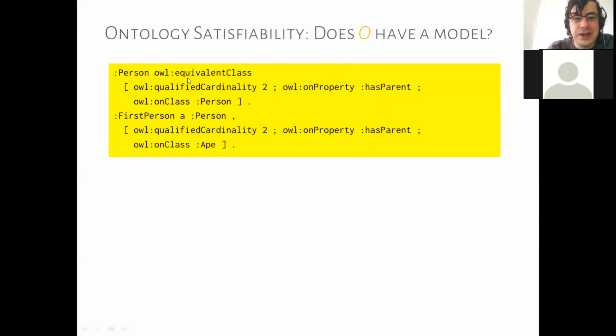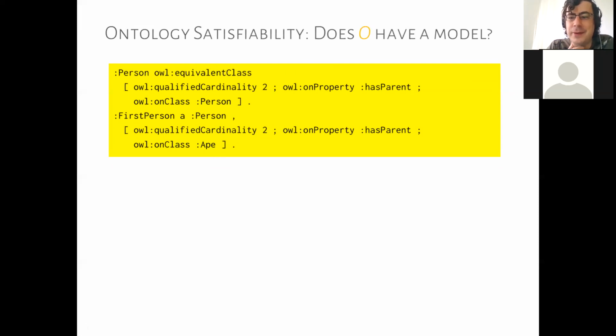So we have an ontology here which says that person is equivalent to having exactly two parents that are people. And first person is an instance of a person, and an instance of the class of having exactly 2 parents that are apes. So is this ontology satisfiable?